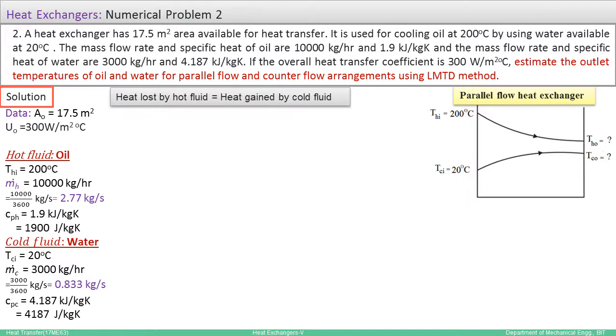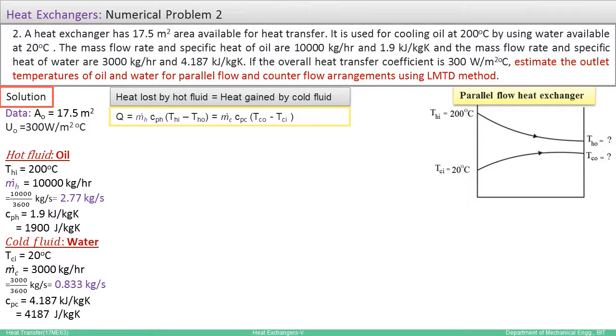Now from energy balance, the rate of heat transfer in a heat exchanger is given by the heat lost by the hot fluid, which is also equal to the heat gained by the cold fluid. So in terms of mass flow rates and specific heats and also the temperature differences, we can write the heat lost by the hot fluid as m dot h into Cph multiplied by the temperature difference, that is Thi minus Th naught.